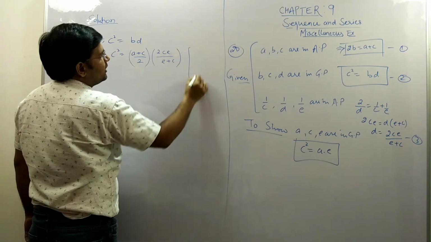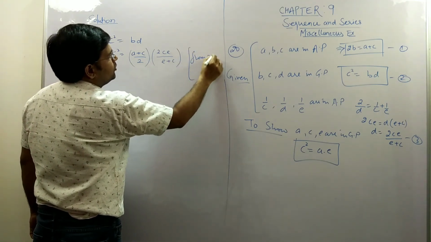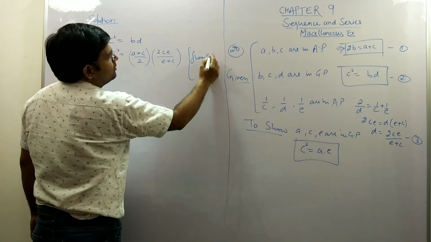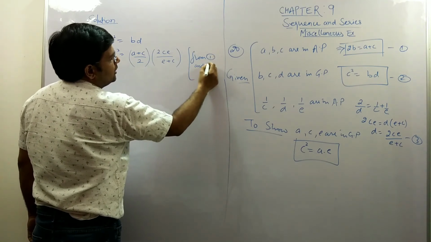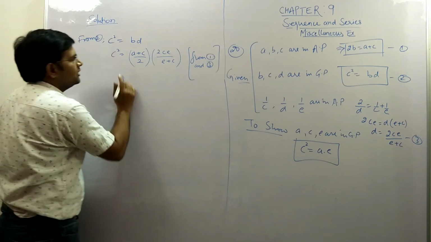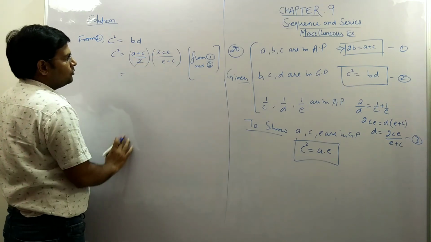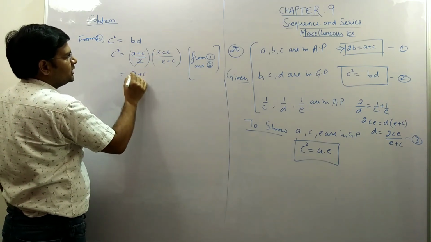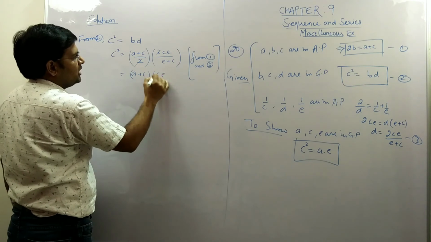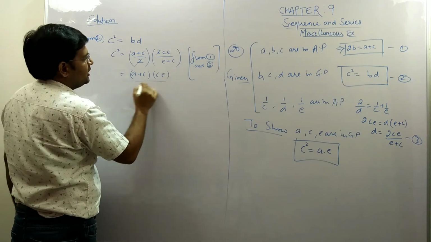So we have got this result. Now 2 can be cancelled out. So this is a plus c, this is ce, and this is e plus c.